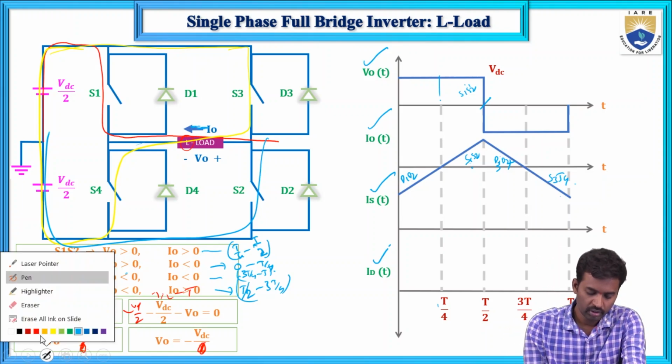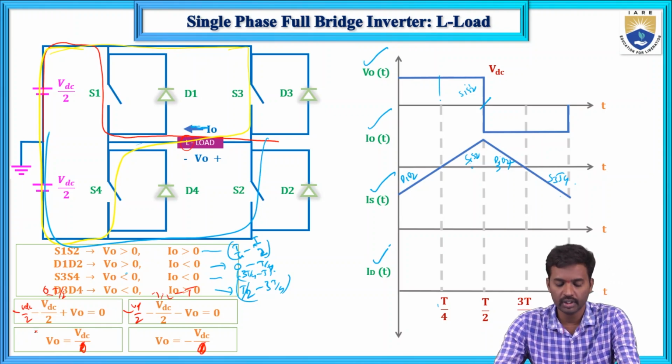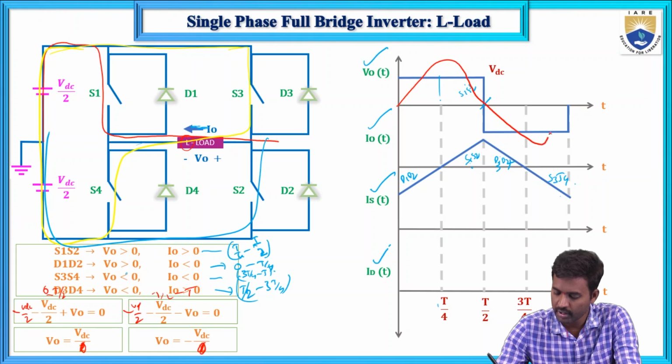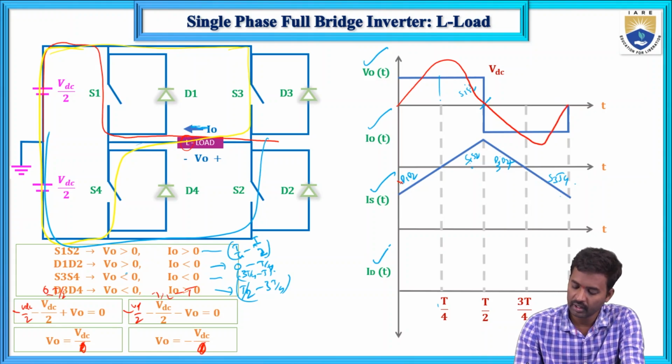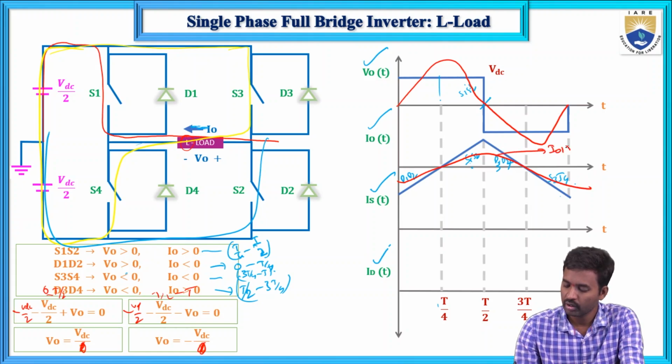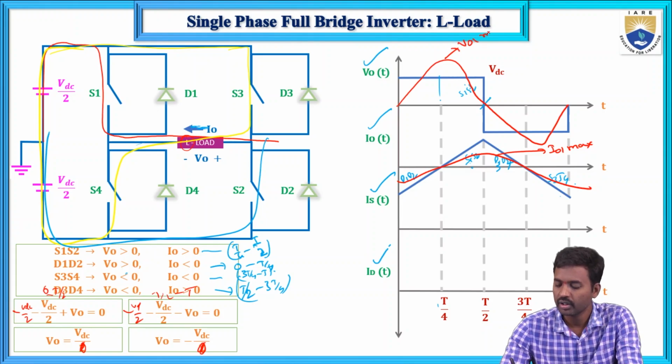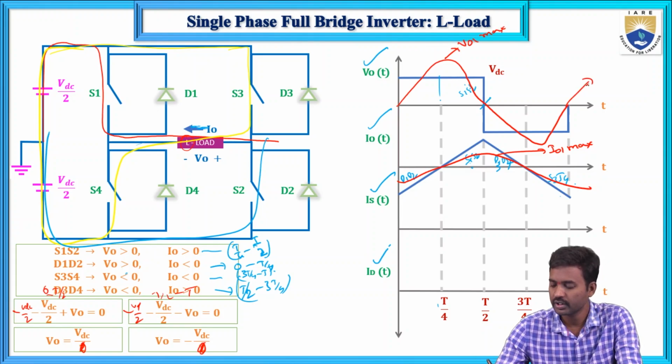So now, if you take the output voltage, the fundamental component of output voltage is the same as for the R load. This is the I01 maximum and this is the V01 maximum, V01 of t. This one is I01 of t.